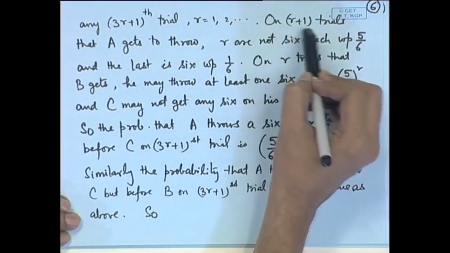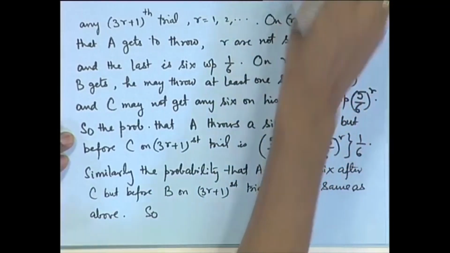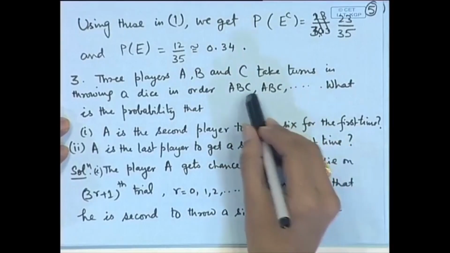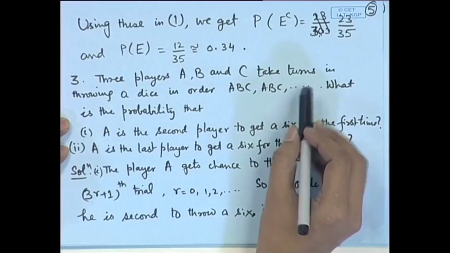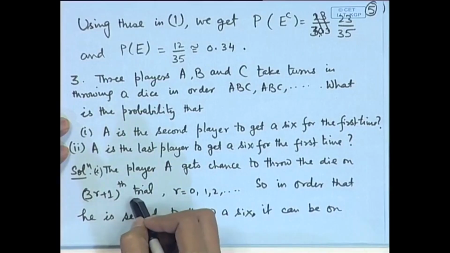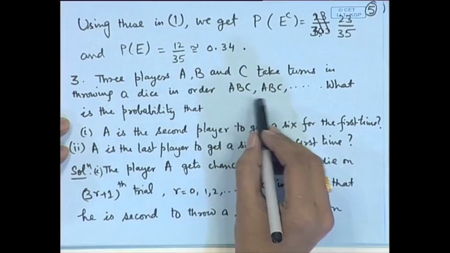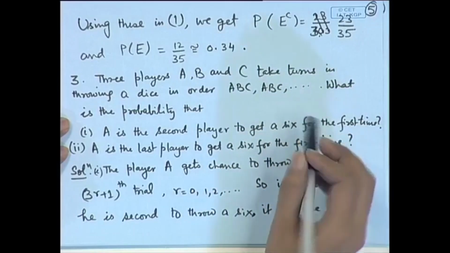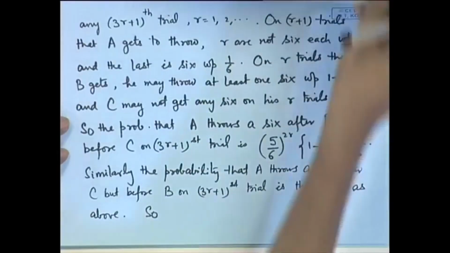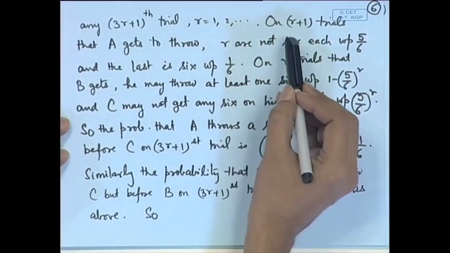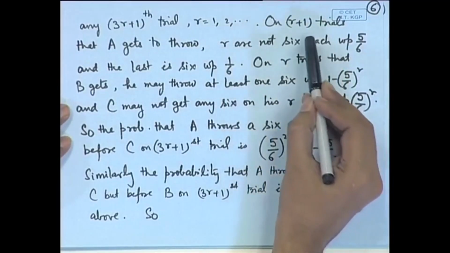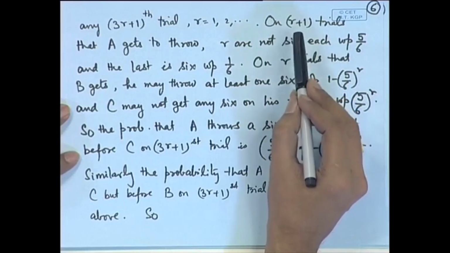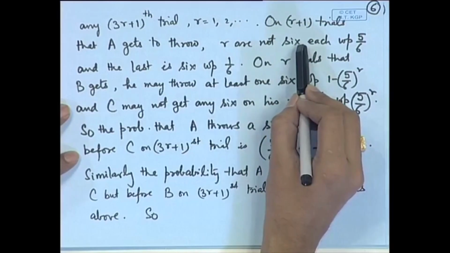Now, for a given r, the player A gets r plus 1 trials, because on the 3r plus 1th trial he is getting a 6. That means, before that each of A, B and C get r trials. The player A should not get a 6 in the first r trials.